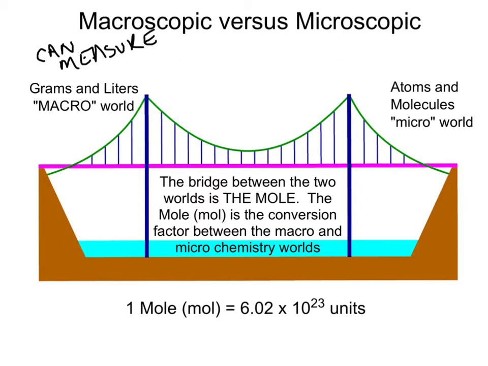The mole converts the grams into the representative particles. That's the conversion. So it normalizes the masses into number of representative particles. So 1 mole is always going to have this number of units. So 1 mole of aluminum will have the same number of units as 1 mole of carbon, even though the masses are different.